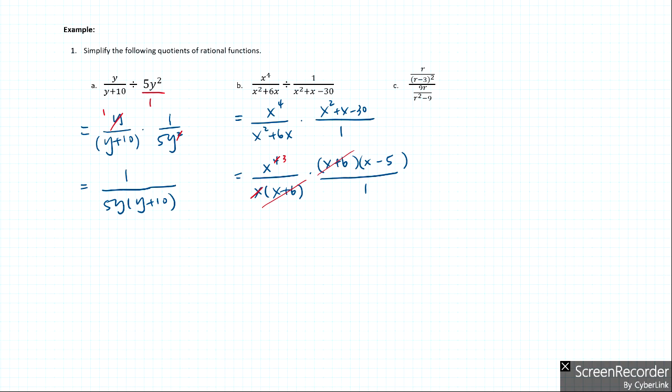Cancel one out, and we are left with 3. Then we get the result of x cubed on top multiplied by x minus 5, all over x plus 6.